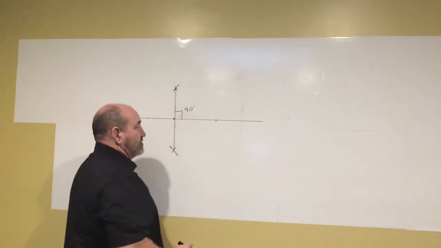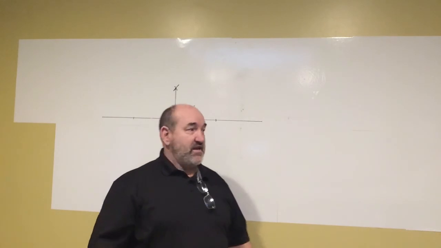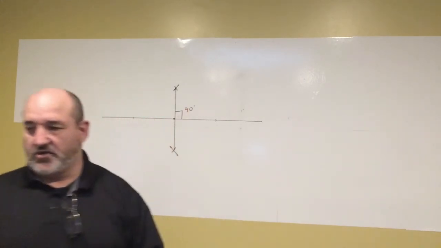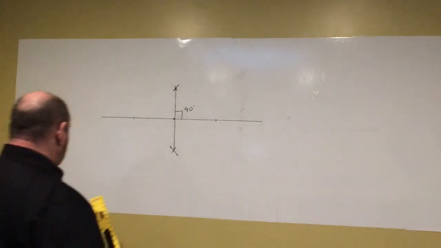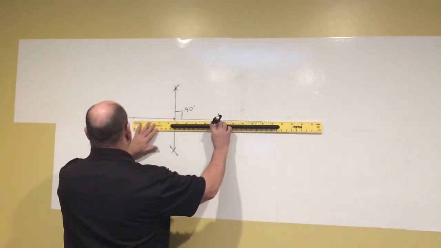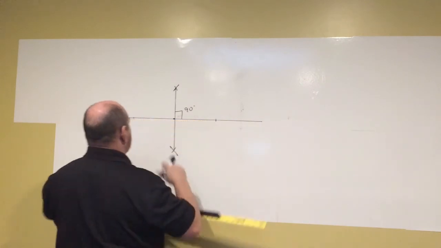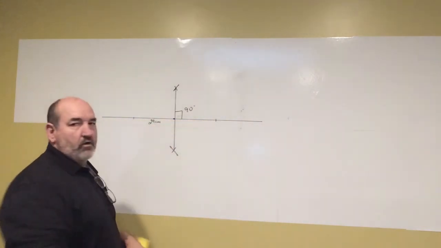Okay, so your assignment today, this is a pretty short video, is based on what you see here. To make it a little simpler, I'm going to use centimeters. You can use whatever one you want, but in this case this is 24 centimeters right there.